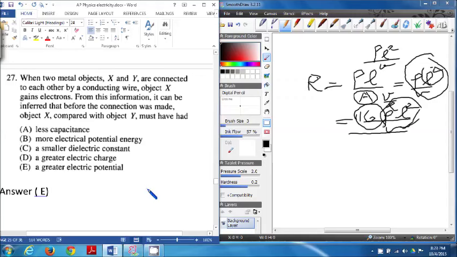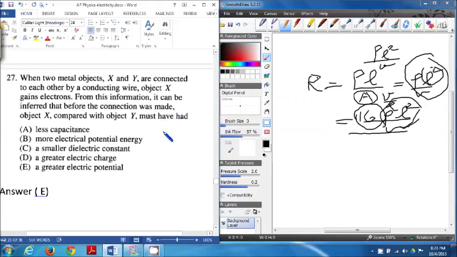When two metal objects X and Y are connected to each other by a conducting wire, object X gains electrons. From this information, it can be inferred that before the connection was made, object X compared with object Y must have had greater electric potential.